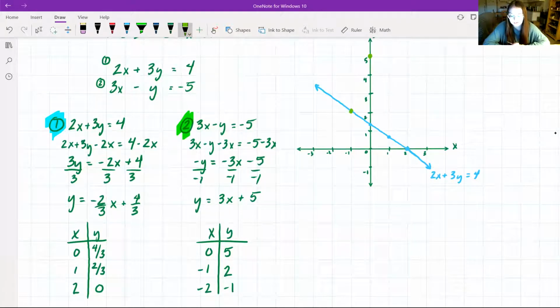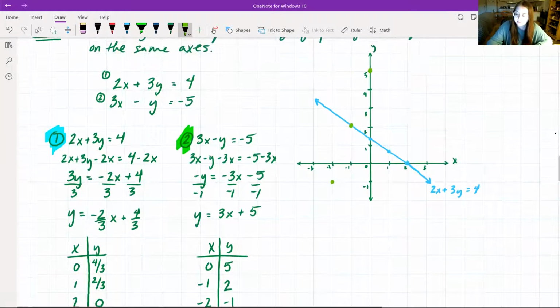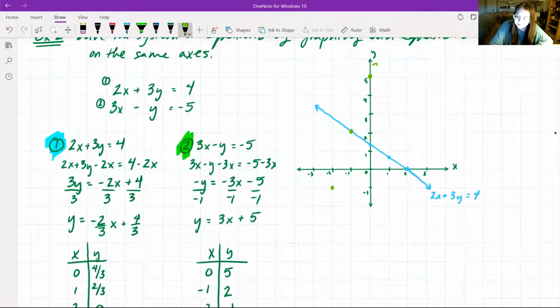And we also had -2, -1. And we see here our points definitely fall in a line, a technically straight line. And this line is y is equal to 3x plus 5.